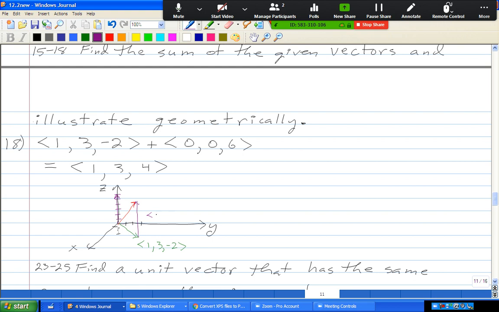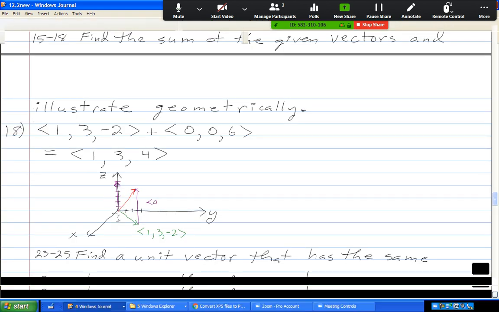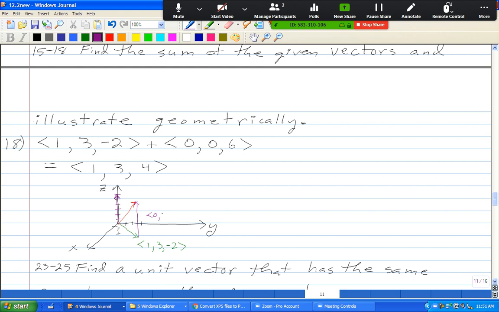This was the vector 0, 0, 6, which I parallel transported here to make it look nicer. And then this is the vector 1, 3, 4. Okay, so that's how I added these together.